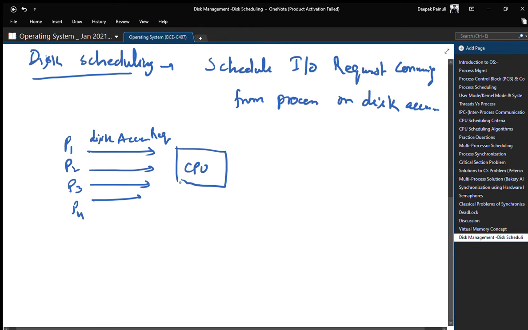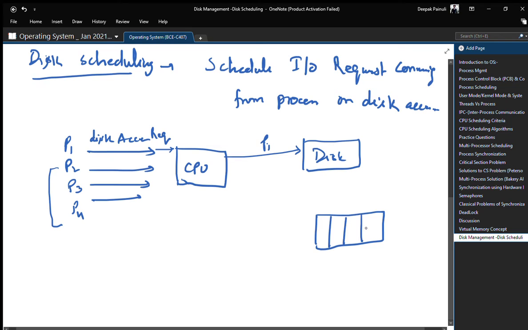At a time the CPU will provide a chance for only one process, so the rest of the processes will be scheduled under the disk queue, right? It will choose P1 and provide it the disk. In the meanwhile, all the disk requests in the system will be scheduled to our disk queue, like a waiting queue.